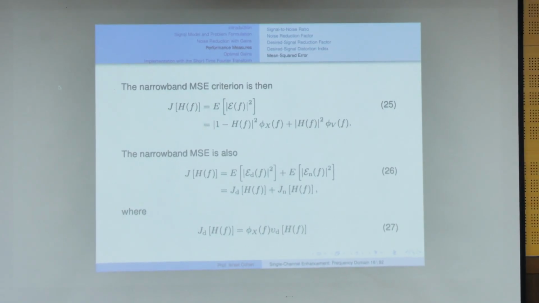Now, if we have this explicit expression, you see this is the explicit expression for the MSE. So, for example, when we talk about optimal gain, like the Wiener gain, which is the Wiener filter, we just need to find the derivative of this with respect to h, just like what we did in the time domain. So the derivative, and equate it to 0.